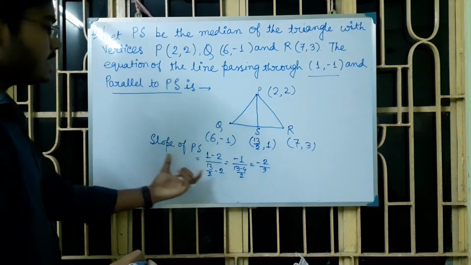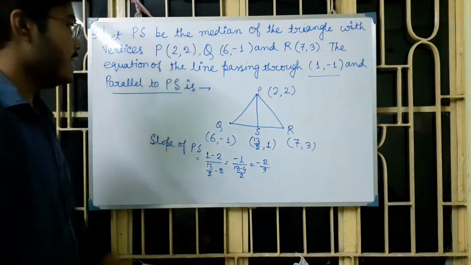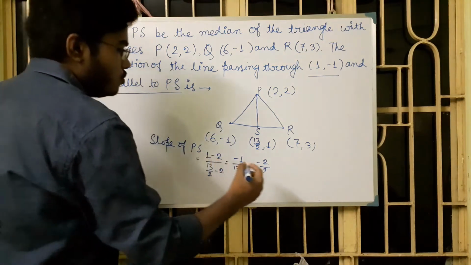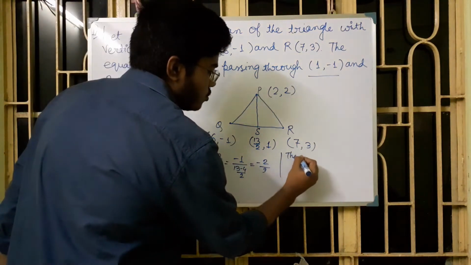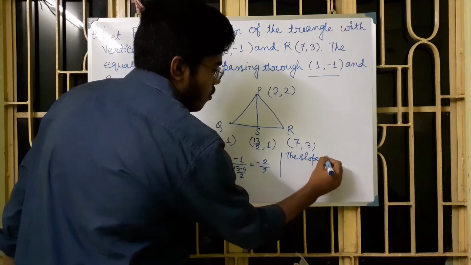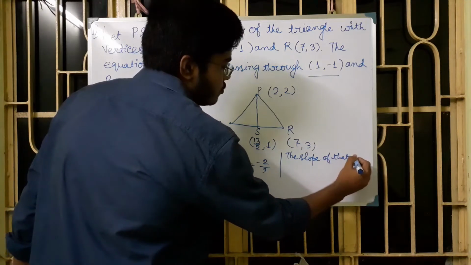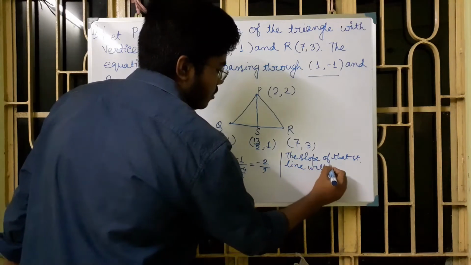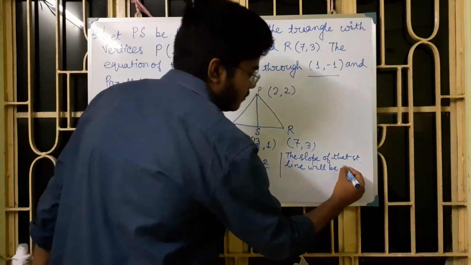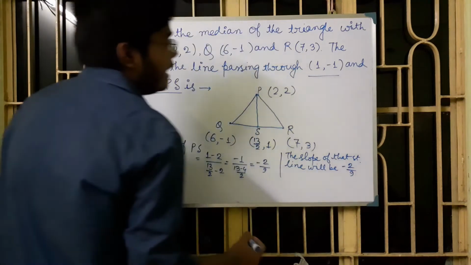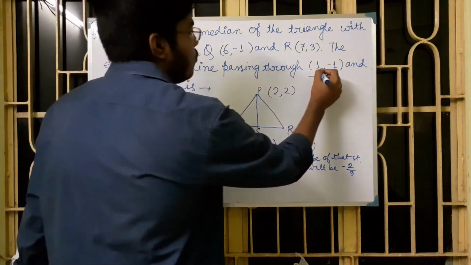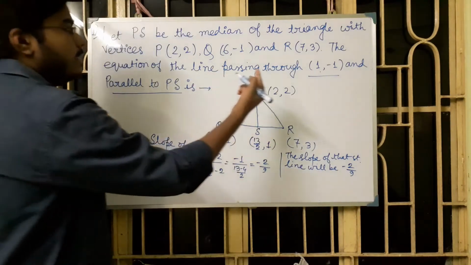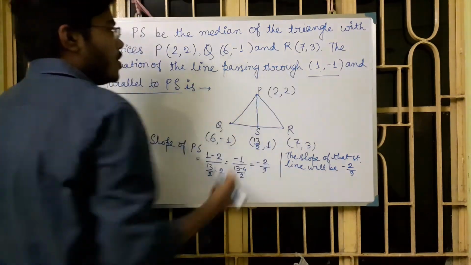So the slope of PS is -2 by 9, and as the straight line is parallel to PS, the slope of that straight line will also be -2 by 9, and the line passes through (1, -1).